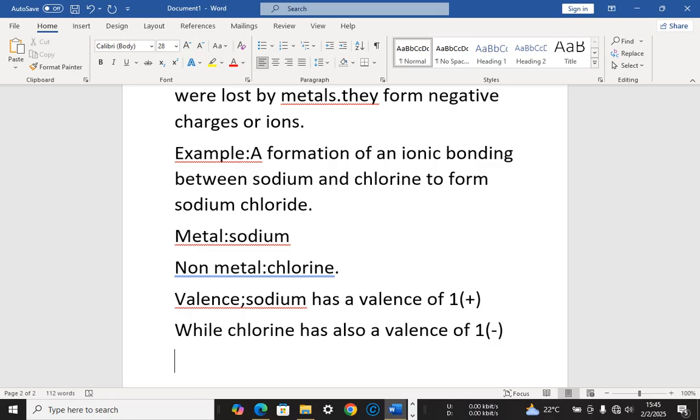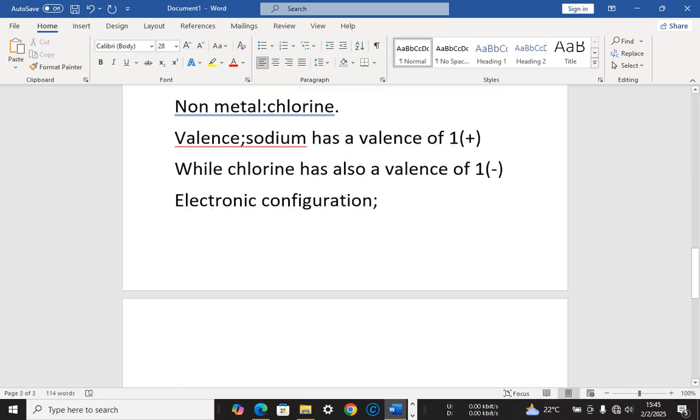So for the configuration, you will need the electronic configuration. The electronic configuration of sodium is 2, 8, 1.